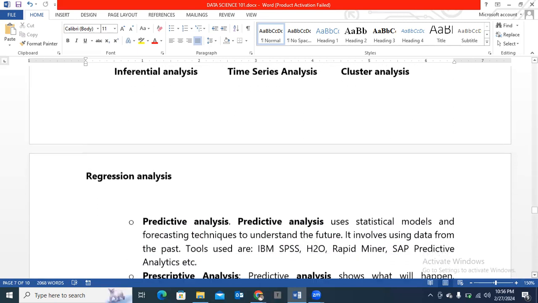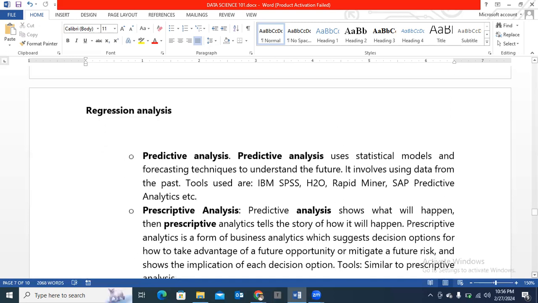So it depends on which type of analysis we are doing. A predictive analysis tries to forecast, uses models and forecasting techniques to understand the future. So in this case, SPSS can do predictive analysis for us. RapidMiner, SAP predictive analytics can help out.